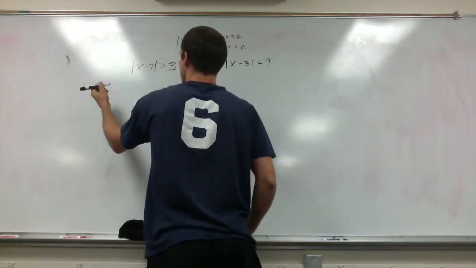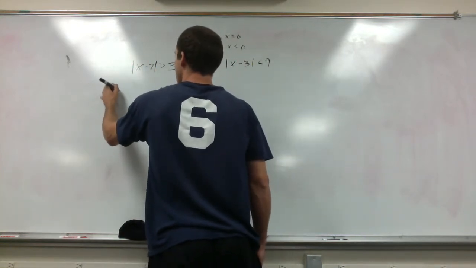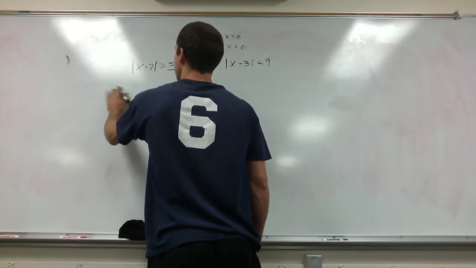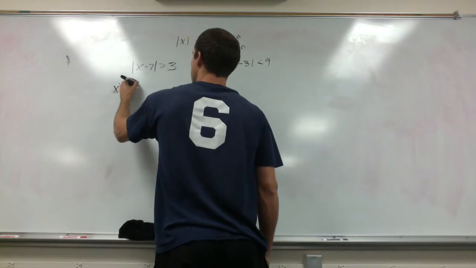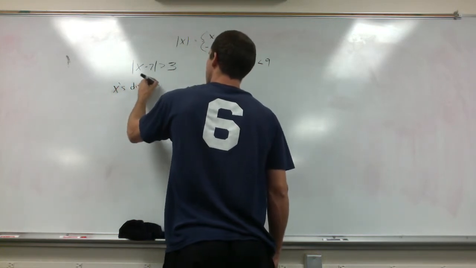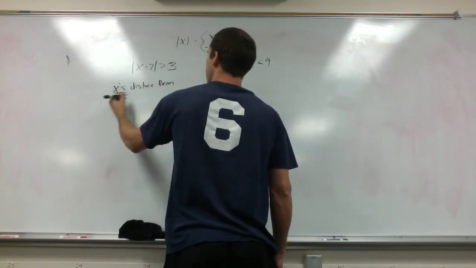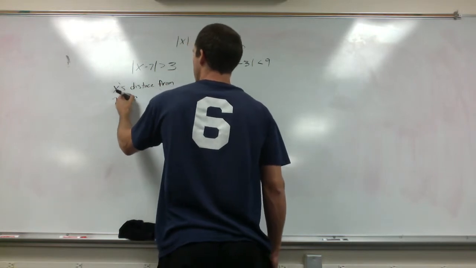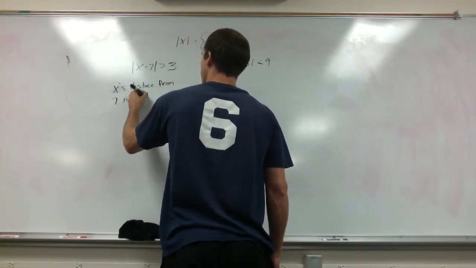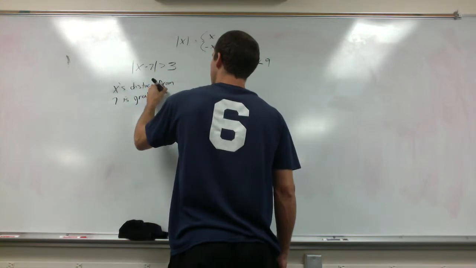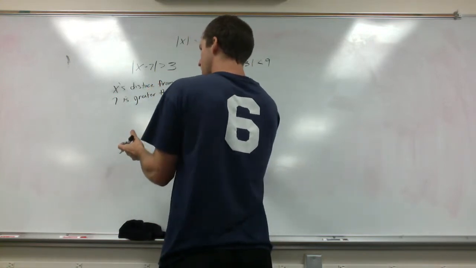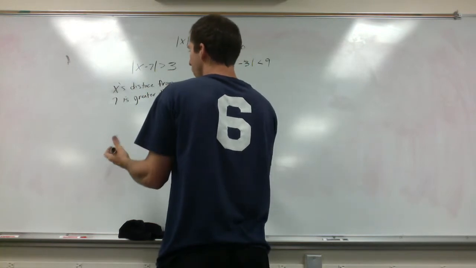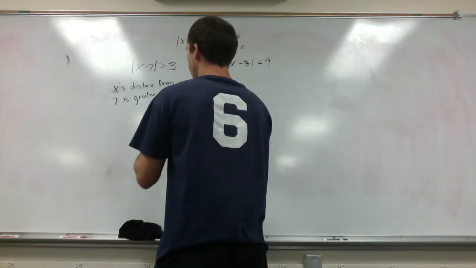So there's a few ways I can say it. One way is x's distance from 7 is greater than 3. And if I think about that, then I'd obviously be 10 or more. I guess it'd be more than 10 or less than -4.